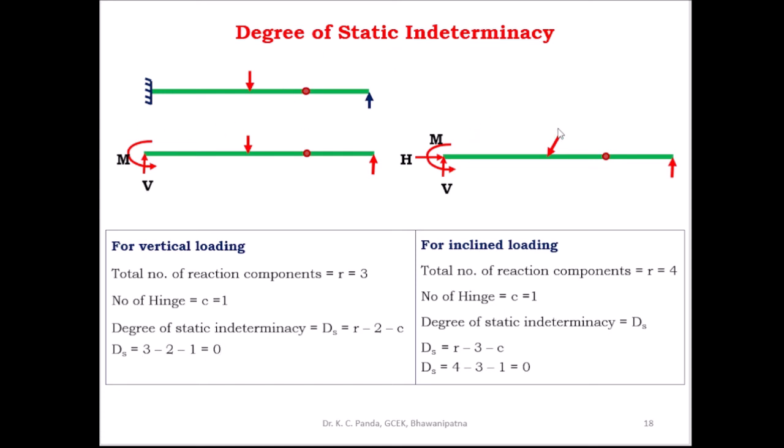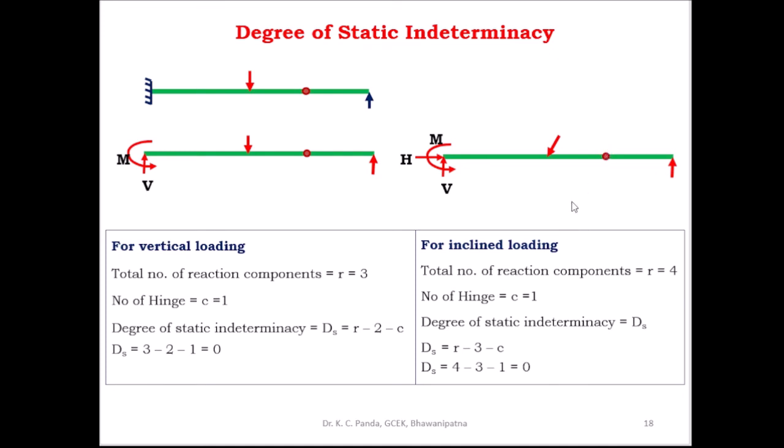If the beam is subjected to inclined loading, in this case at the fixed end there is a horizontal reaction, a vertical reaction and the moment, and at the other end only a vertical reaction. So the total number of reaction components is equal to 4, and the number of hinges is equal to 1.